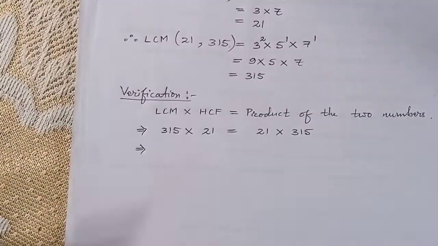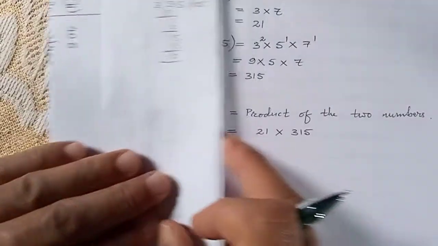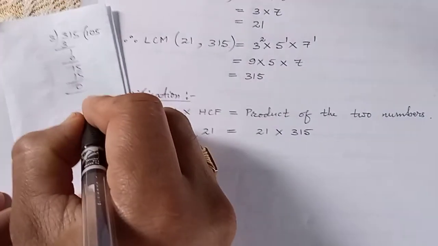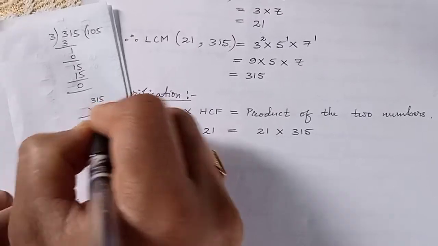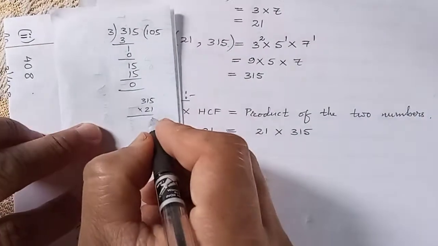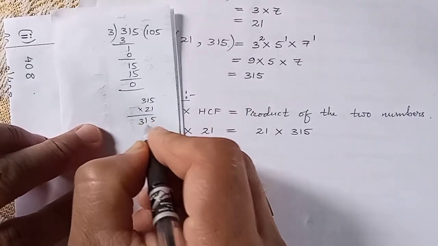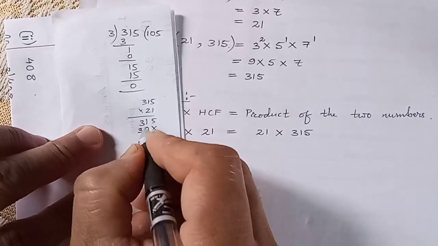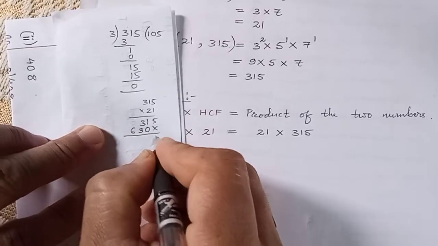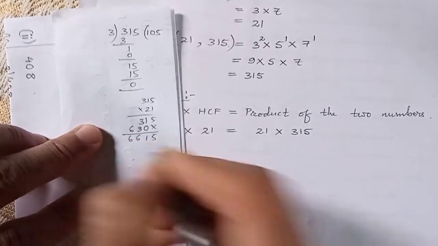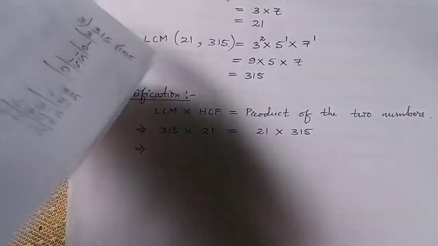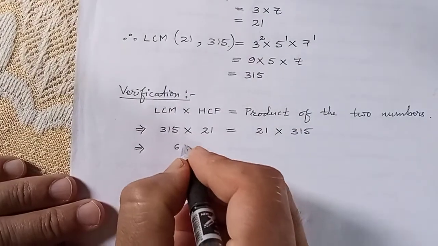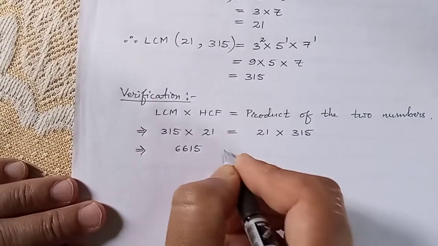So now we multiply 315 into 21. 1 into 5 is 5, 1 into 1 is 1, 1 into 3 is 3, and then 2 into 5 is 10, 2 into 1 is 2, 2 plus 1 is 3, 2 into 3 is 6. So it's 6,615.